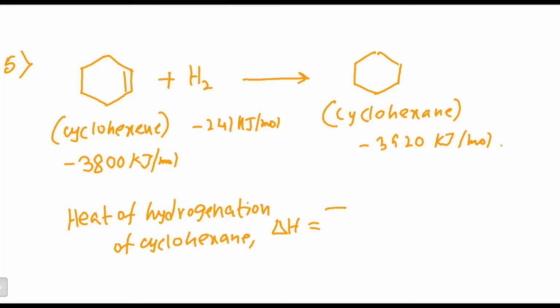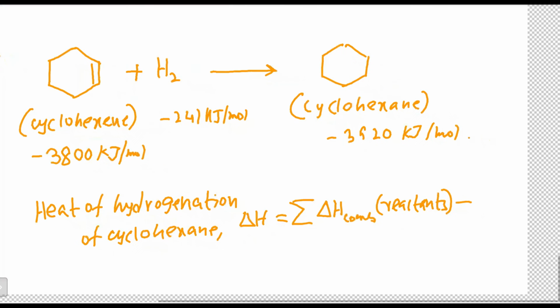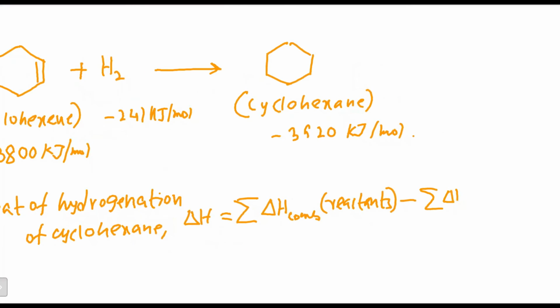So there is a formula: summation of delta H combustion, that is enthalpy of combustion of reactants, minus summation of delta H combustion of products.